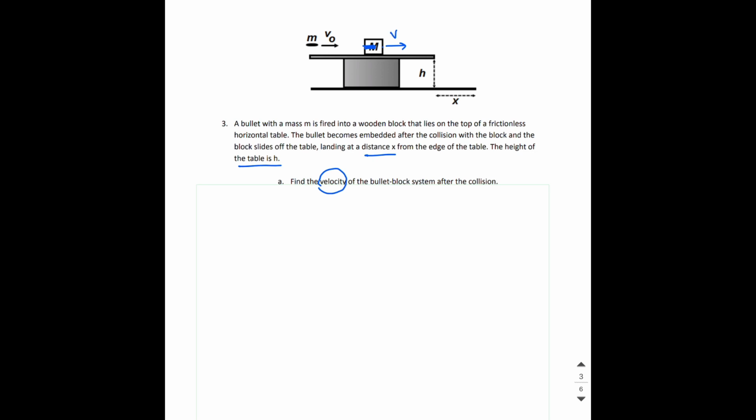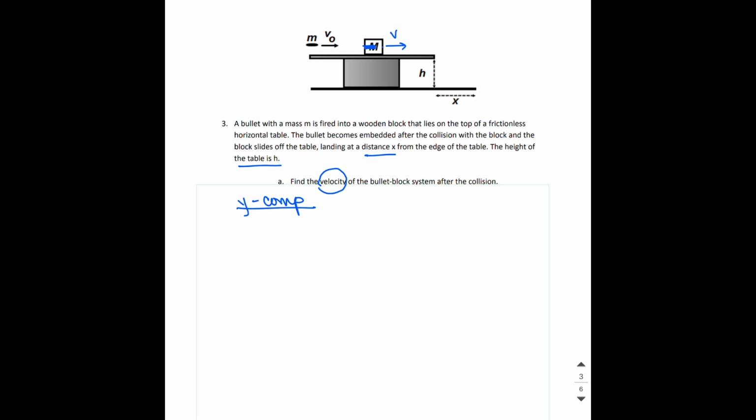So that velocity, because it's on a frictionless table, is going to stay constant in the x direction, and then when it launches off of the table it's going to have a y component due to gravity pulling it down. So anytime you solve kinematic equations, you generally want to start with the y component first to solve for time, and then you can plug that time into the x component. So that's what I'm going to start with here.